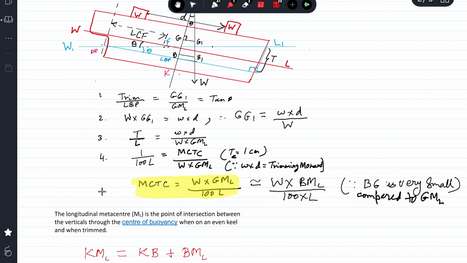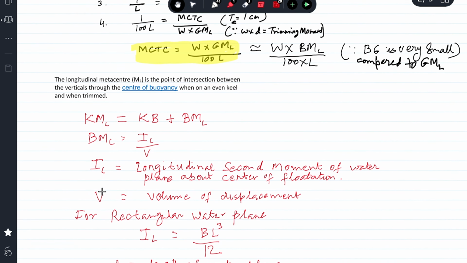For example, if you have a box-shaped vessel and the rectangular water plane, BML can be calculated and MCTC can be found if you cannot get GML. What will be GML? GML will be KML minus KG of the ship. So if GML cannot be found, we can find the BML.